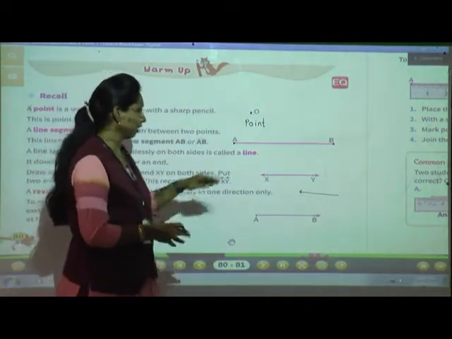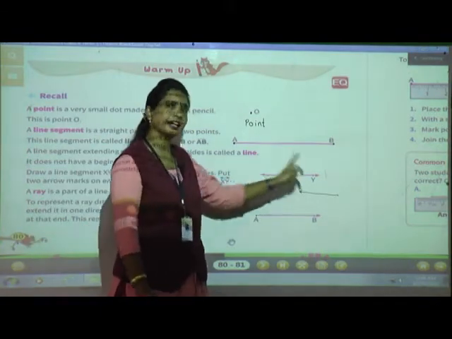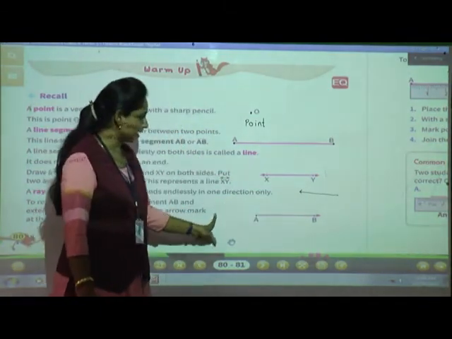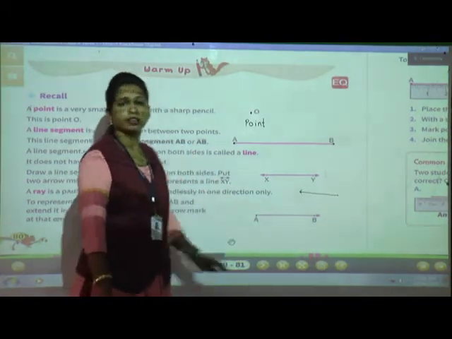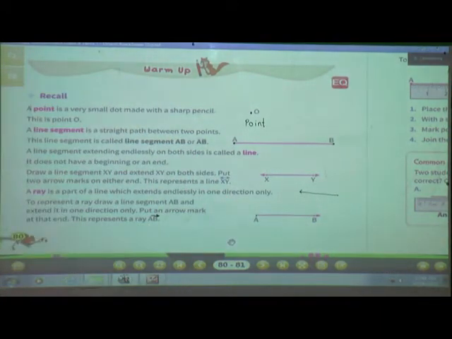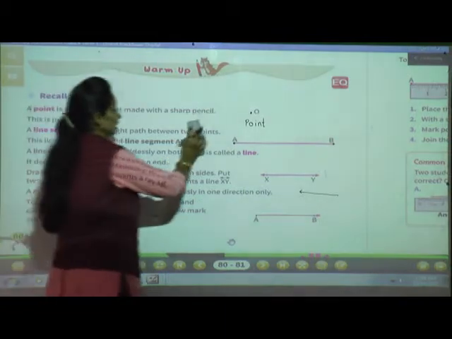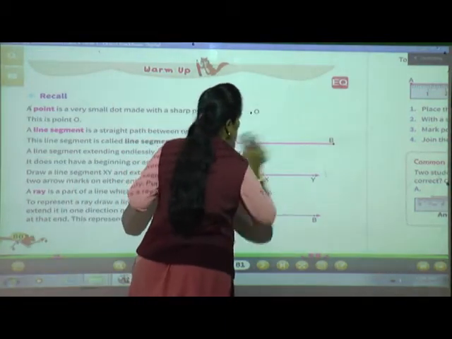A line can extend, a line doesn't have a beginning and end. And what about the last? Ray. A ray has a beginning but it goes on, meaning endless, from one direction. Clear till here? Yes.